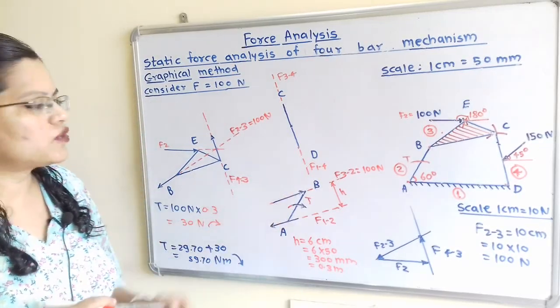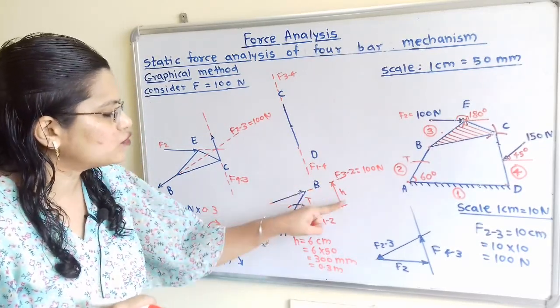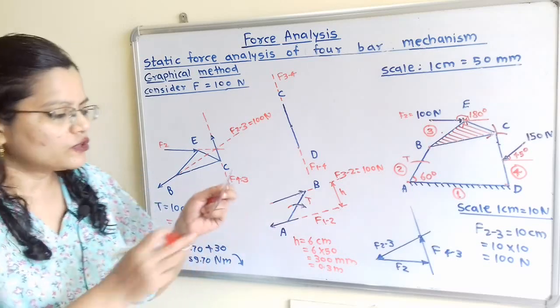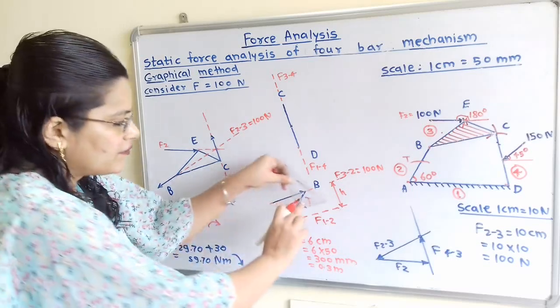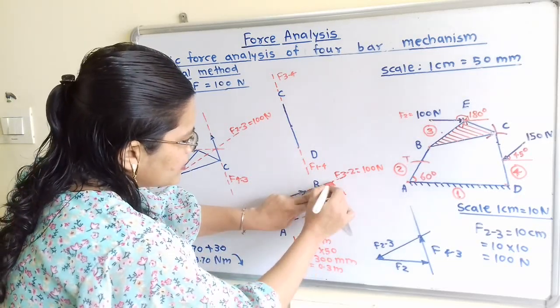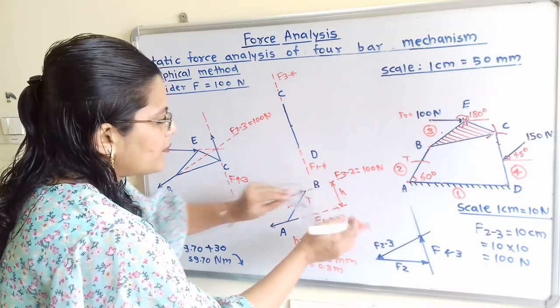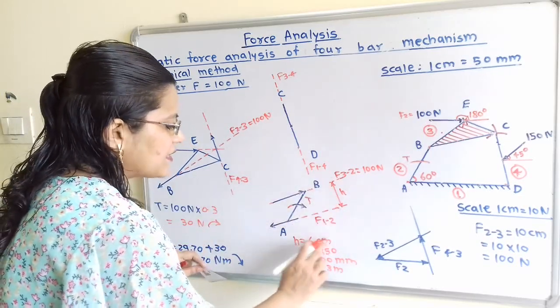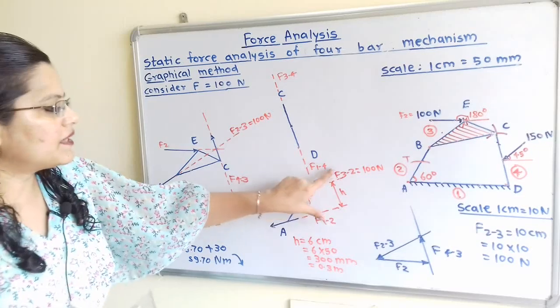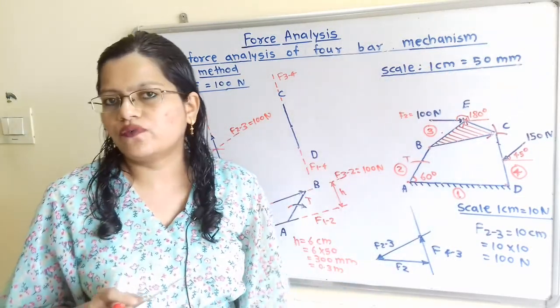So how to measure torque? For that we have to measure the perpendicular distance between these two lines of action of force. So I will align one edge with this line of action of force and along the second edge I will draw a perpendicular line. If we measure this h, then h is equal to 6 centimeter. But this diagram is as per the scale 1 centimeter is equal to 50 millimeter.